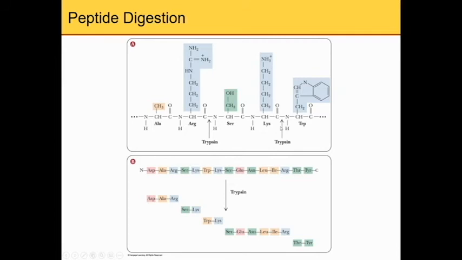Trypsin will cut at those positively charged amino acids, arginine and lysine, at the C terminal. So if you treat this peptide with trypsin, you cut here at arginine, here at lysine, arginine, so that you produce these 5 different smaller peptides.